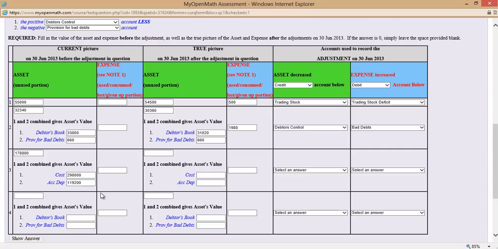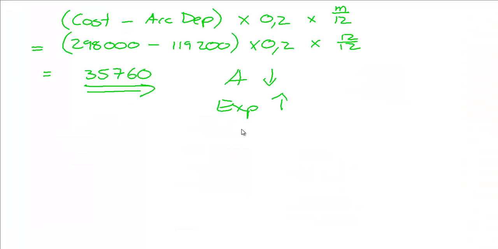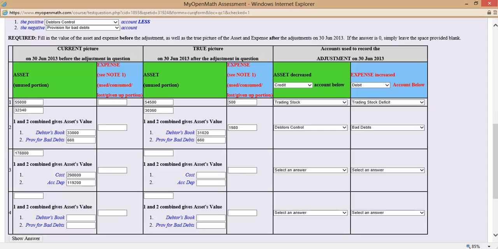Then during the year we've used this asset, so the asset's value needs to decrease by the 35 and the expense needs to increase by the 35. So before the adjustment there's no expense. After the adjustment we've got an expense of 35,760 and my value of my asset is going to be 35,000 Rand less.